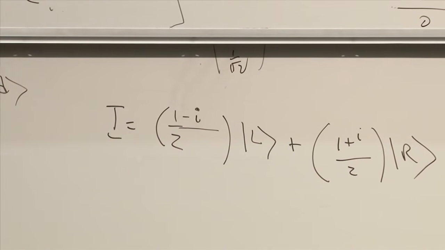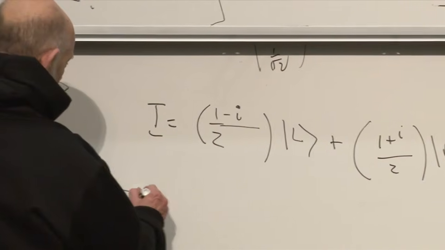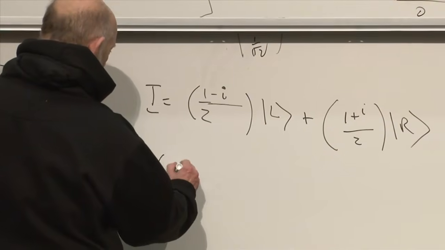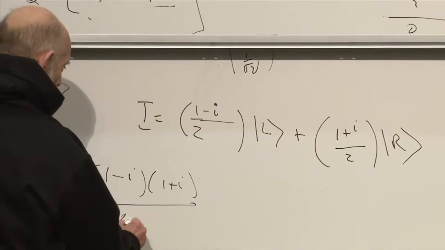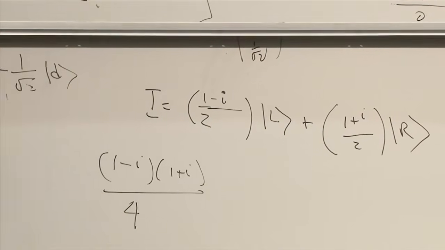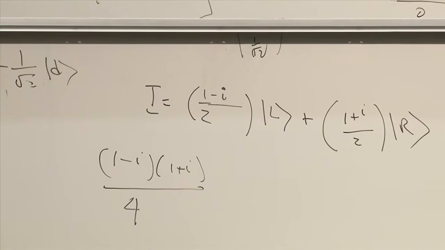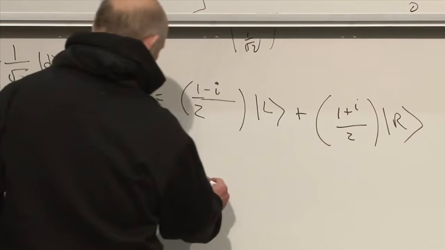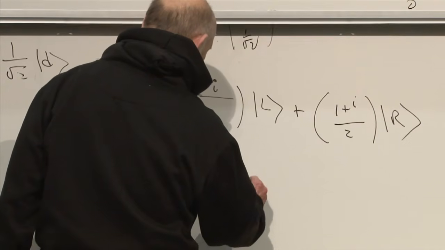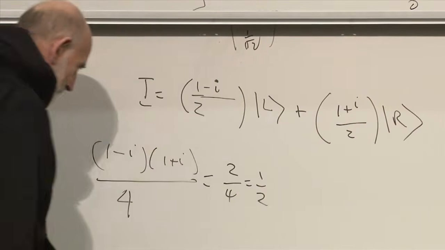Let's check it. It's 1 minus i times 1 plus i over 2 times 2, which is 4. 1 minus i times 1 plus i, praise the Lord, is 2. Is 2 over 4, which is equal to 1/2.